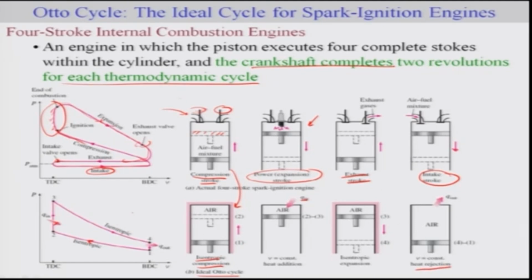In other words, though these particular images are not exactly the same strokes, the overall cycle of an actual four-stroke spark ignition engine can be represented as an idealized cycle based on a standard assumption, and this will be your ideal Otto cycle. So this becomes your Otto cycle analysis, and this is your PV diagram for that.